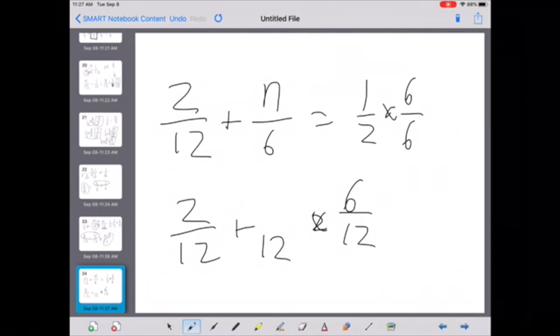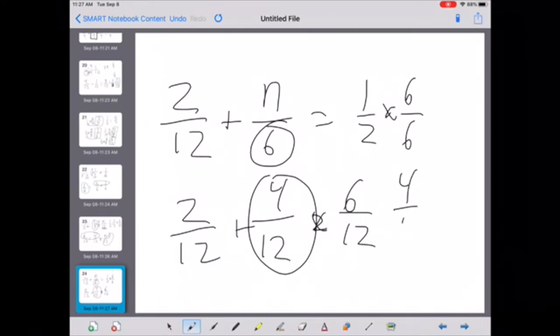I subtract this to 6 minus 2 equals 4. But guys, that's not the question, because the question was how many 6s are those? So I need to reduce this thing down to 6. So 4 12s equals how many 6? How did I get from 12 to 6? I divided by 2. 4 divided by 2 is 2.